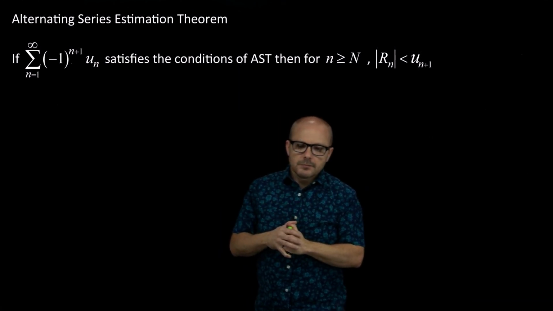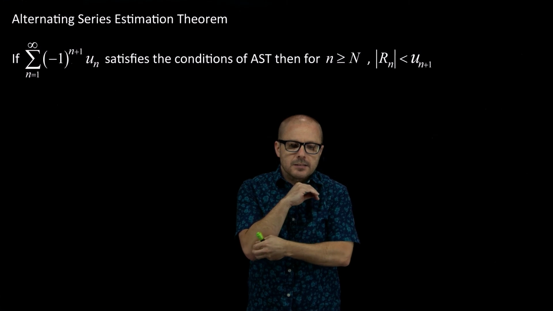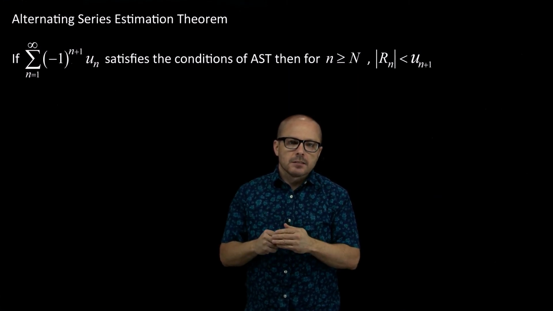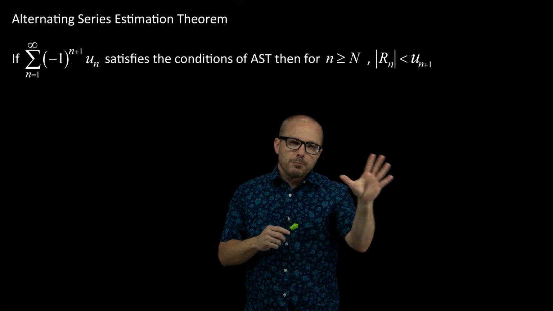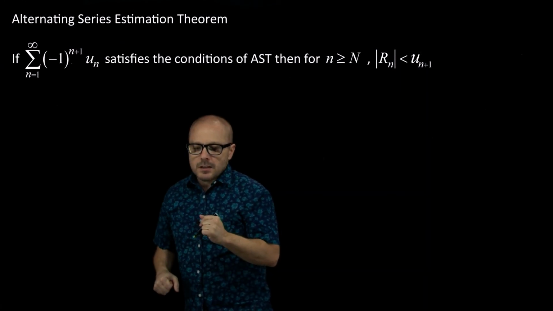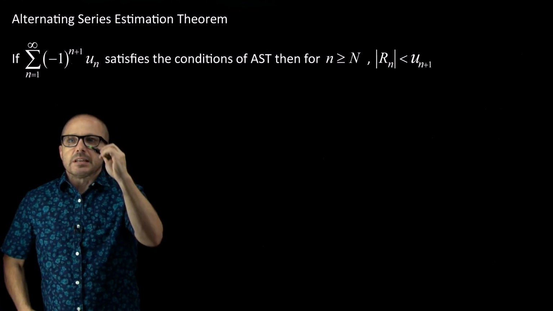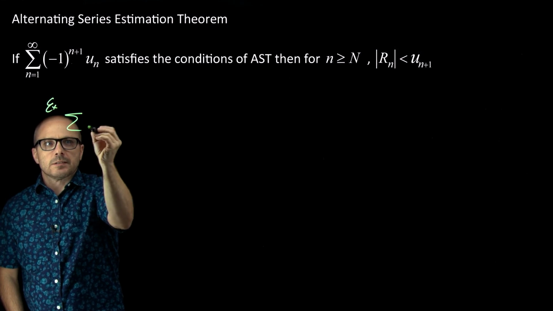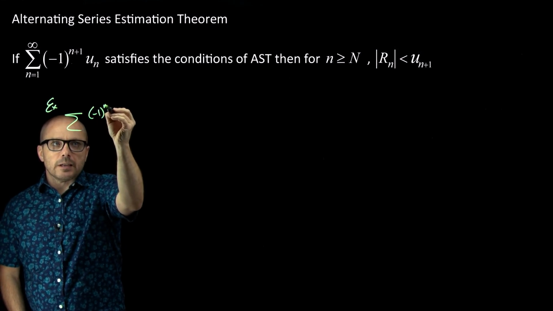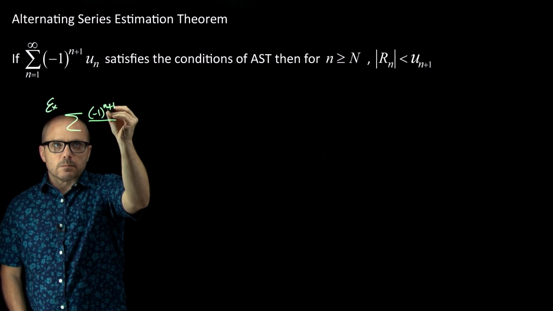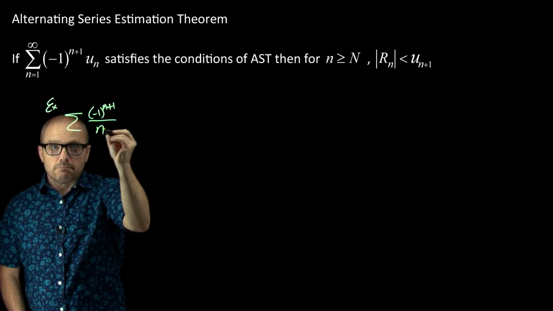So let's first look at an example and then look at a picture of why this makes sense. Let's just look at something we've seen. Say we have the series (-1)^(n+1) over n.